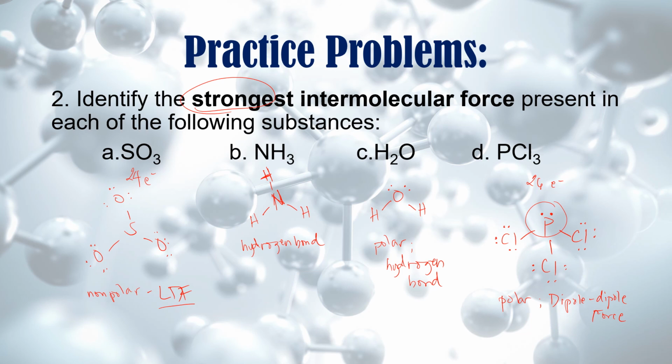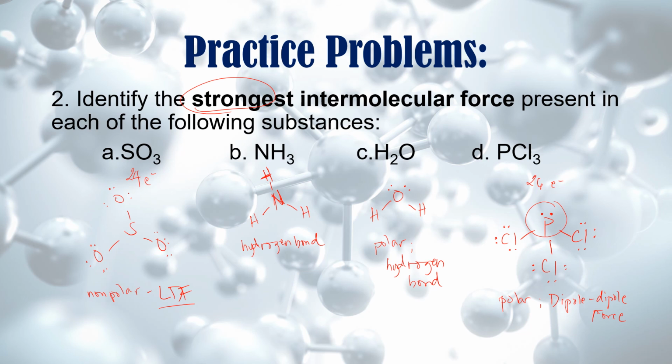So the answer for letter A is LDF, letter B, hydrogen bond, letter C is hydrogen bond, and letter D, dipole-dipole force. So just a recap on the 4 types of intermolecular forces. Take note that the strongest is the ion-dipole force. It is present in an ion plus a polar molecule.